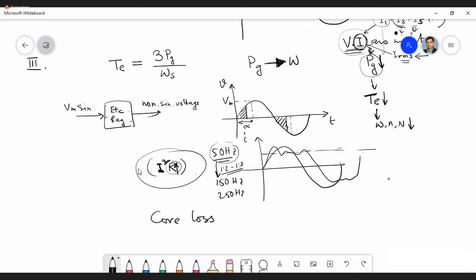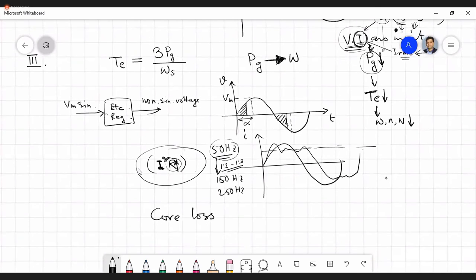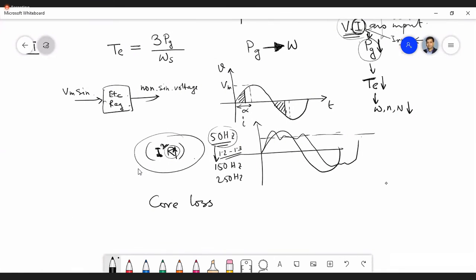Clear? Now, one more problem you can experience in case of transformer, that is the possible resonance with the line inductance and capacitance. Because if you see the equivalent circuit, transformer generally has some resistance and inductance. Okay, and it is designed such that it would not create any resonance with the line capacitance.